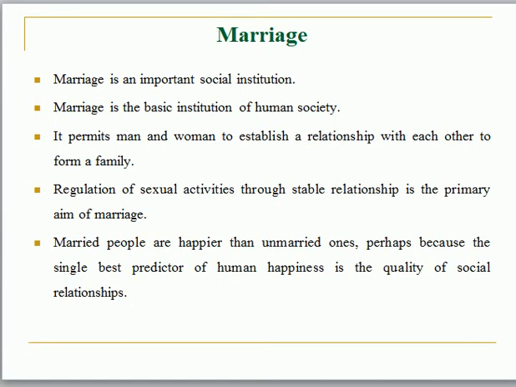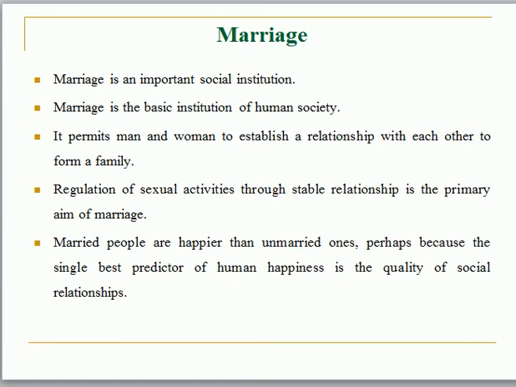Marriage permits a man and woman to establish a relationship in order to make a family and lead a social life. The regulation of sexual activity, which is only possible through a stable relationship, is the primary purpose of marriage.